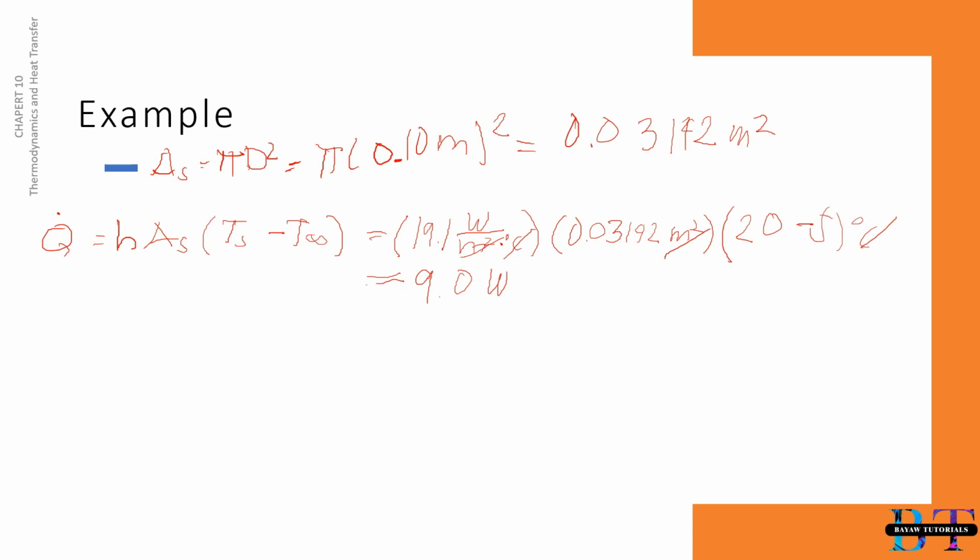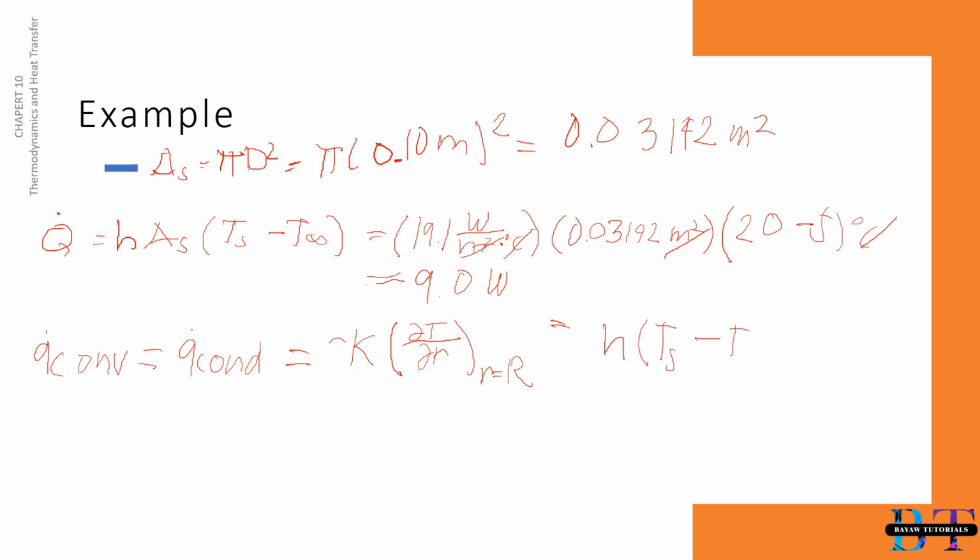Where the heat transfer coefficient is obtained from the table at 1 meter per second velocity, the initial value of the temperature gradient at the potato surface is found as follows. Q convection is equal to Q conduction, that is equal to negative k times the temperature gradient at the surface times A, which is equal to the heat transfer coefficient times the temperature of the surface minus the temperature of the fluid far from the surface.